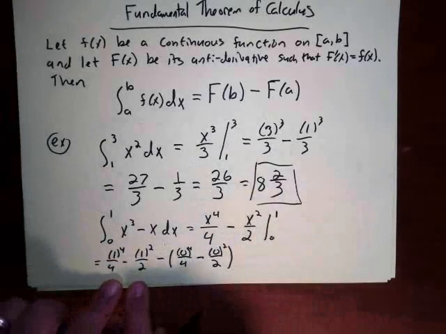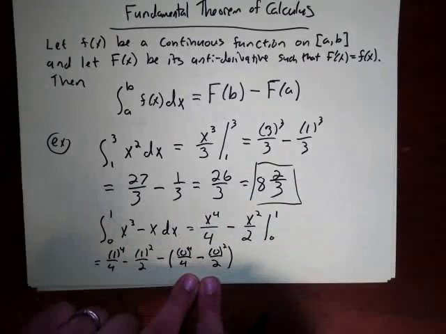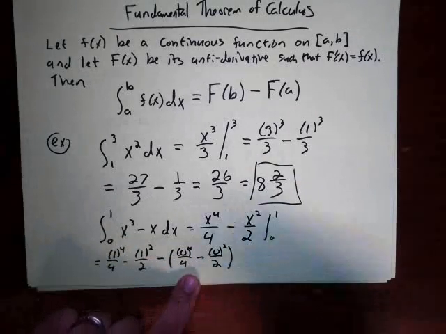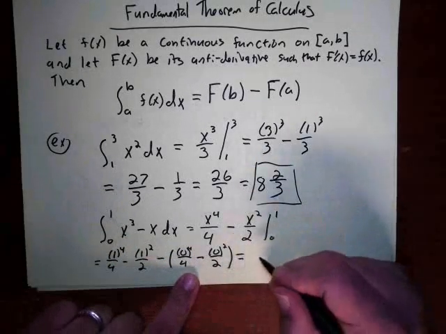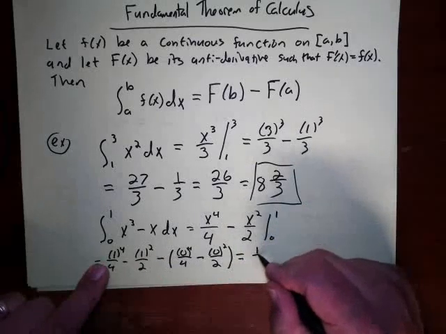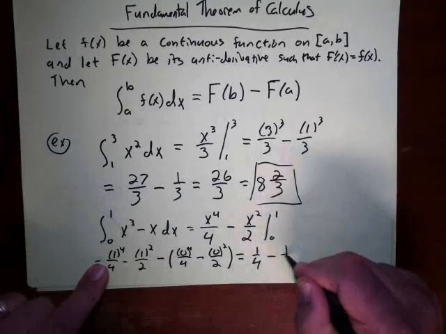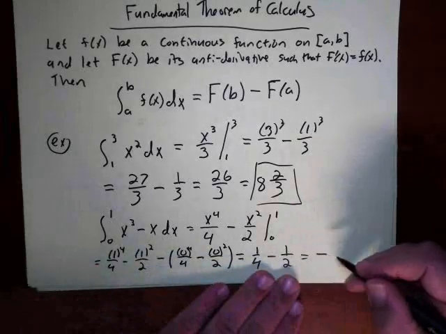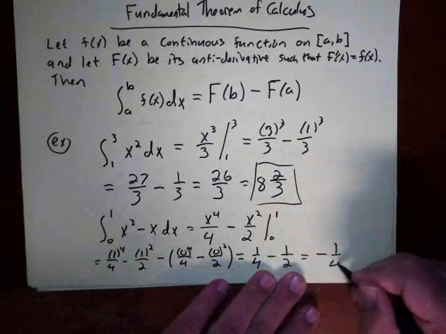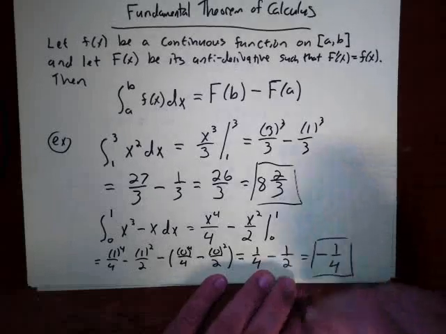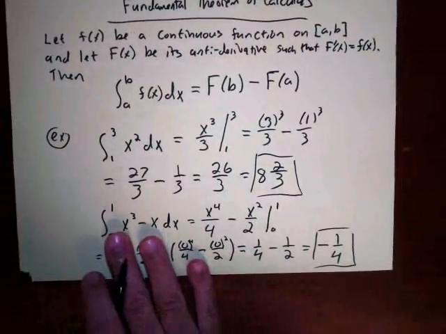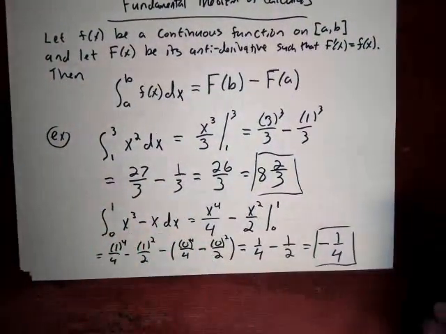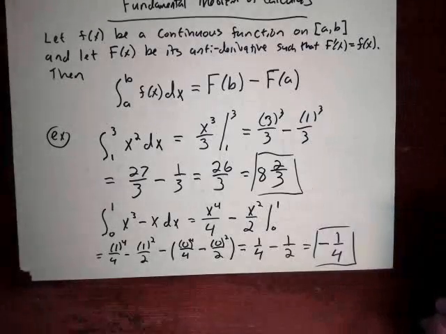So this is it evaluated at 1, and this is it evaluated at 0. It ends up being 1/4 minus 1/2, and we get negative 1/4, which is exactly what we got when we did it using the limit of the Riemann sums. So there you go.